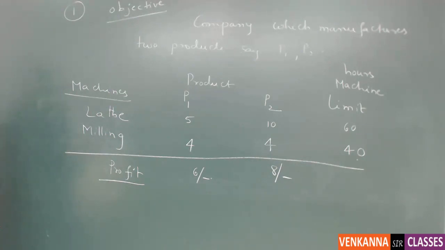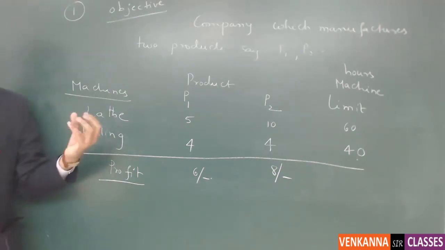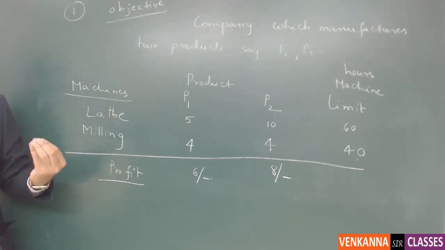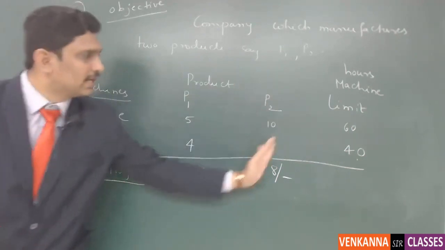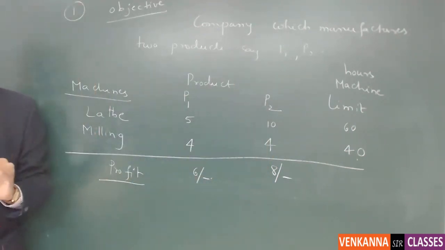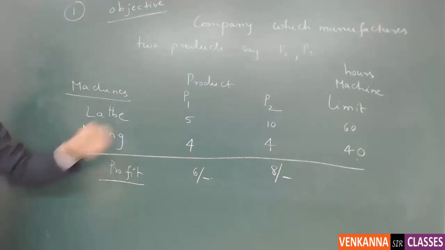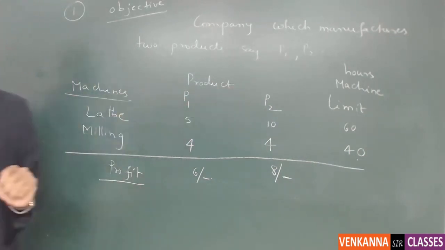Right. So we are going to build some set of constraints which are based on this tabular data. So the thing is, I have to manufacture the products P1 and P2.